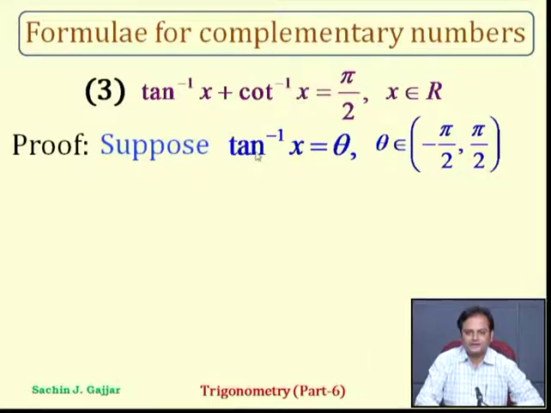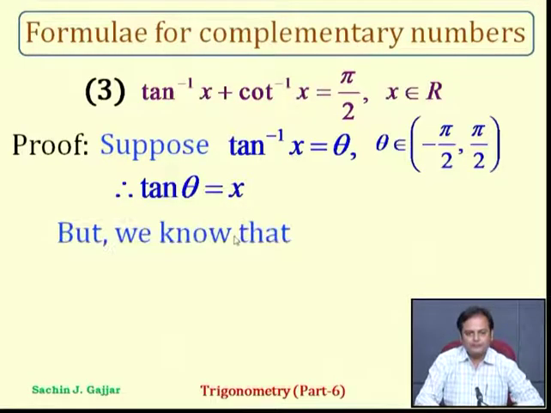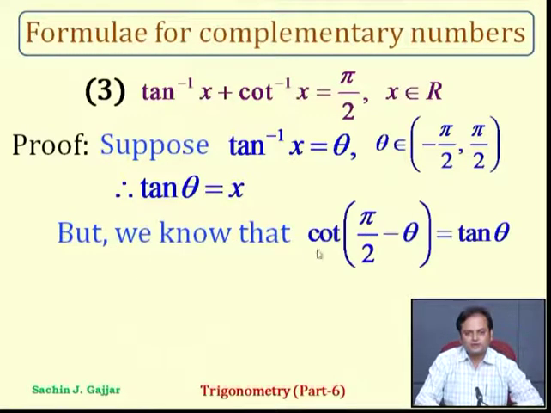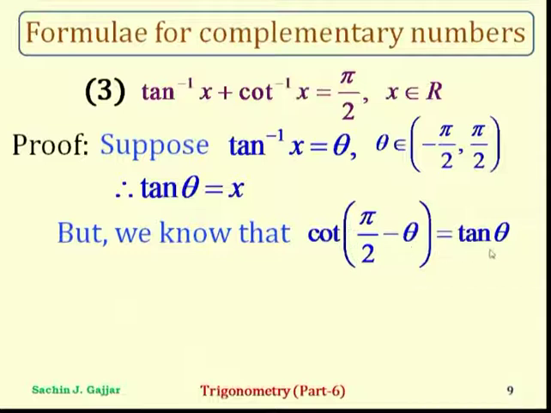Okay. Now by the definition of inverse function, tan inverse x equal to theta implies tan theta equal to x. Now we know that cot pi by 2 minus theta equal to tan theta. Okay. This is a known result for us. We have learned this result before. So cot pi by 2 minus theta is equal to tan theta.